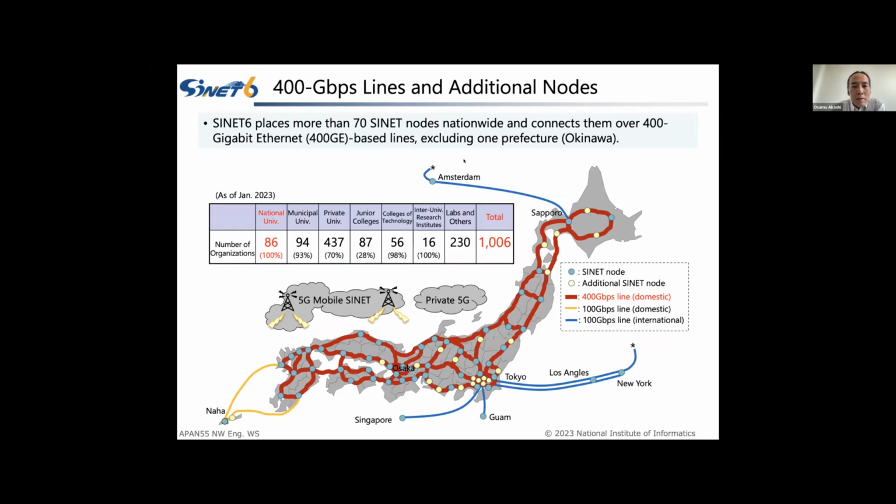This table shows the number of organizations connected to SINET. We connect almost all national universities to SINET, and the total number of member organizations of SINET is 1,006, as of January 2023.